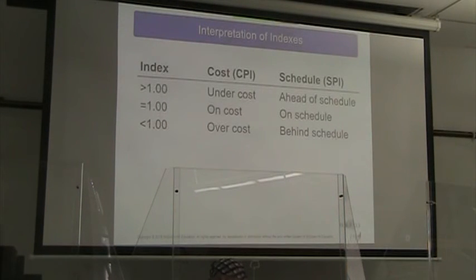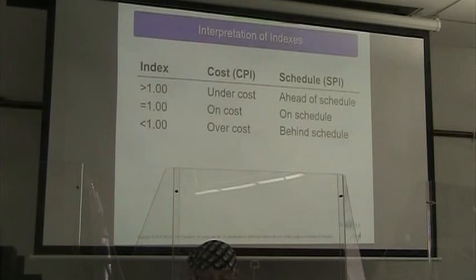All right, so how do we interpret these indexes? My guess is poorly. No, I mean, if our index is greater than 1, we're going to say we're under cost and ahead of schedule. Under cost if we're looking at CPI, and ahead of schedule if we're looking at the SPI.